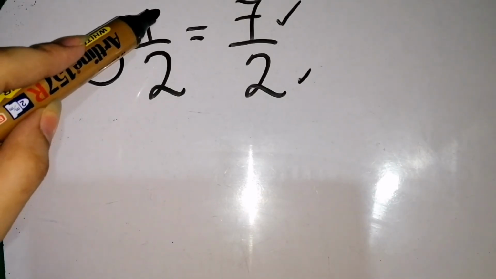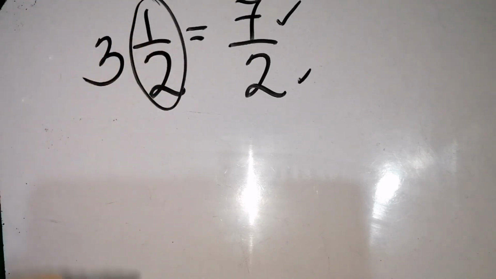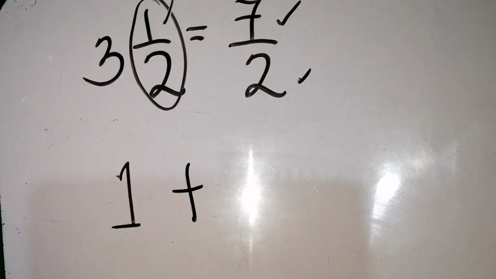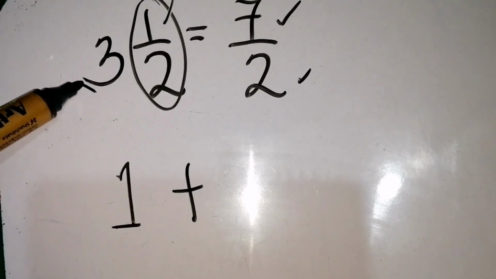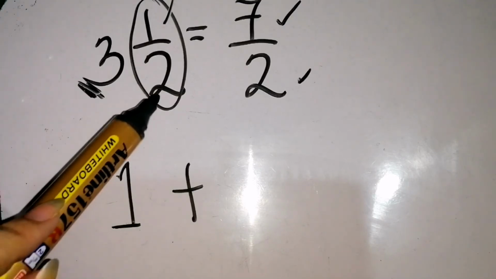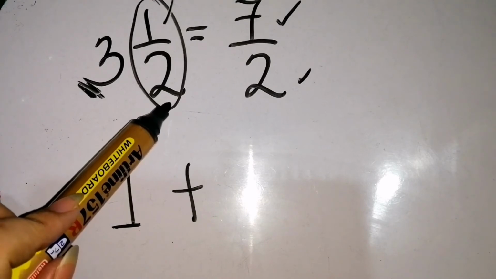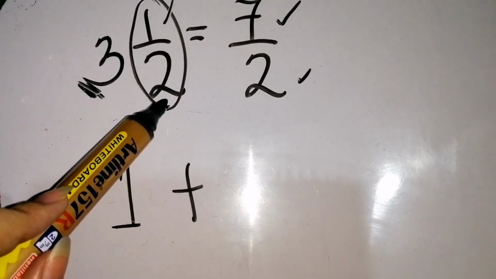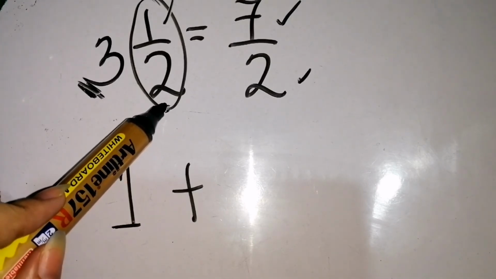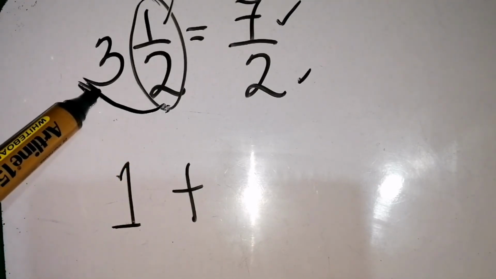So looking at our fraction 1/2, given the numerator 1, we are sure that we already have one part. But another thing that we need to consider is how many parts are there in this whole, which is 3. Now, connecting it with our denominator, which is 2, meaning the whole is divided into 2 parts, or there are 2 parts in each whole, so we need to multiply this 2.